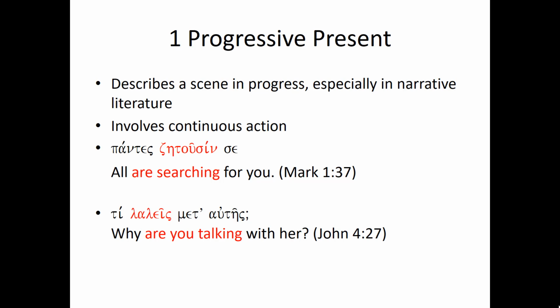Why are you talking with her? So neither one of these says all search for you, which would be kind of general, but rather all are searching. They're actively in progress of searching. And it's not why do you talk with a woman, but why are you talking? So both of these are action in progress. This would be the progressive present.